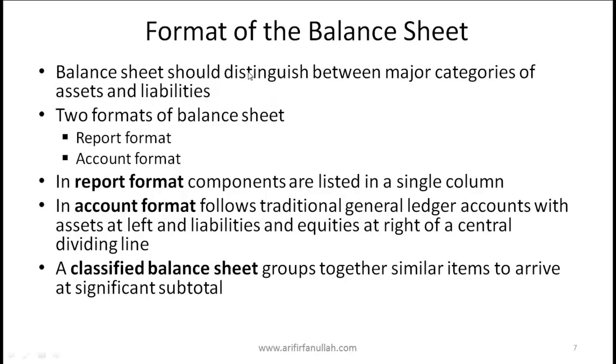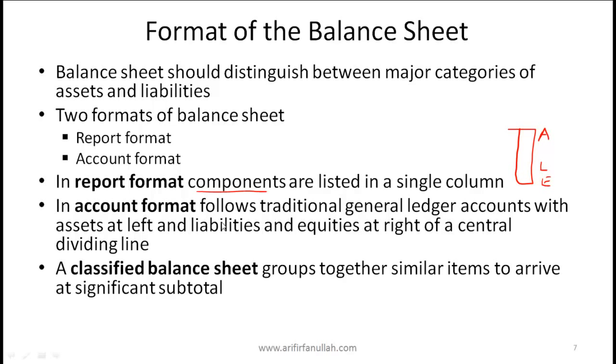The format of the balance sheet. The balance sheet should distinguish between major categories of assets and liabilities. Two common formats: a report format and an account format. In a report format, all the components, the different kinds of assets and then liabilities, are listed in a single column. So you will have all your assets and then liabilities and then equity.